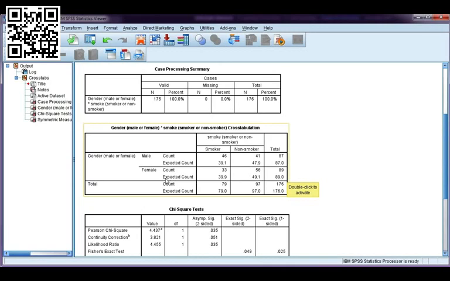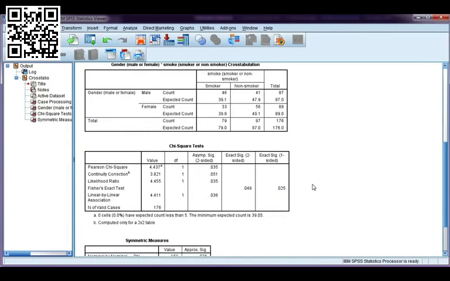Similarly, we would expect to observe around 40 females who are smokers and around 49 females who were non-smokers. Now we can see our observed counts are different from these expected, and the chi-square test helps determine if those observed counts are different enough for the association to be significant.